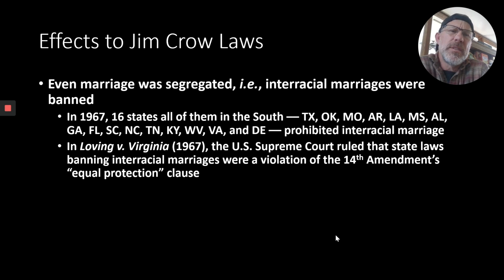Movie theaters, whites would be down below, blacks up top, and they'd have to enter in the back of the theater. And oftentimes they had their own theaters that were said to be equal to those of the white community's theaters. Drinking fountains, bathrooms. I mean, the world was separated by this one Supreme Court case that created the separate but equal or the Jim Crow laws.